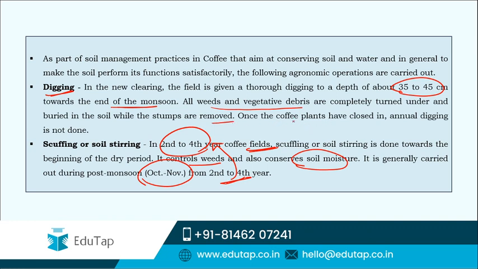And once the coffee plants grow to a good height and vigor, annual digging is not done, because the canopy itself covers so much that moisture is retained and weeds can be arrested. So this is about scuffling.